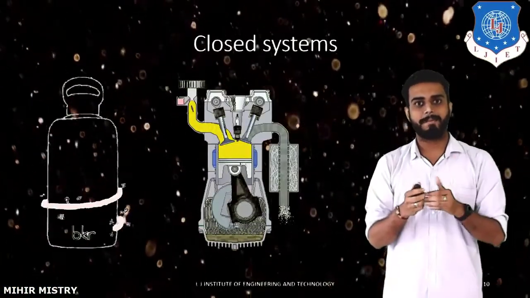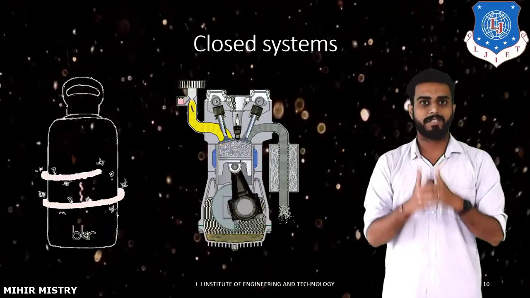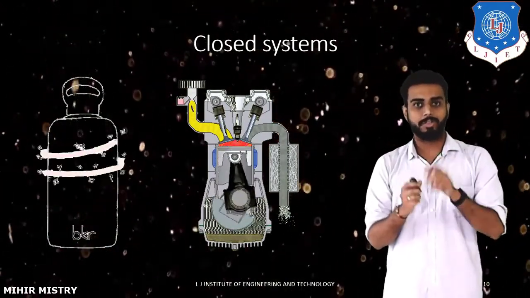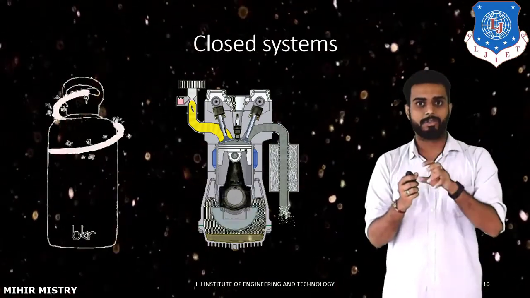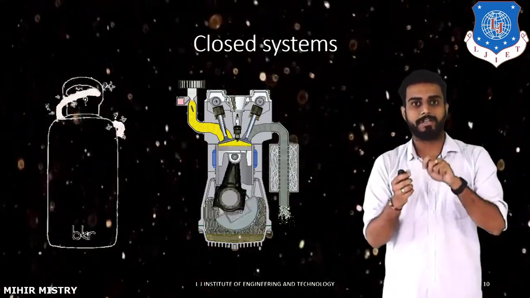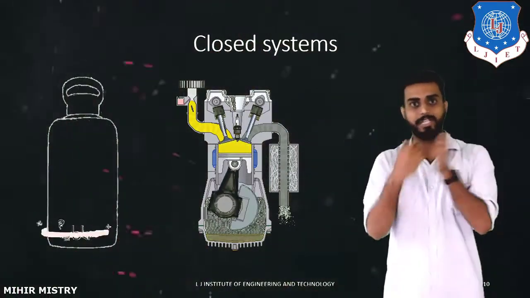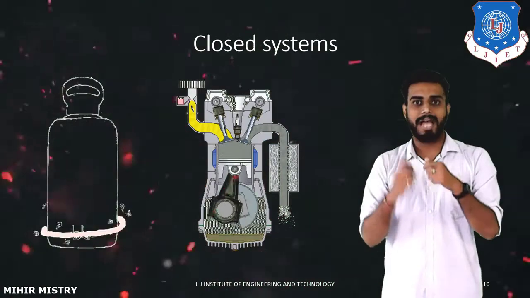Now closed system examples are shown over here in the diagram on the screen. The very first diagram is showing a vessel, that is a closed vessel, and if the vessel's lid is closed, then the fluid cannot transfer from the vessel to the outside or from outside to the vessel. Another example is what? IC engine.